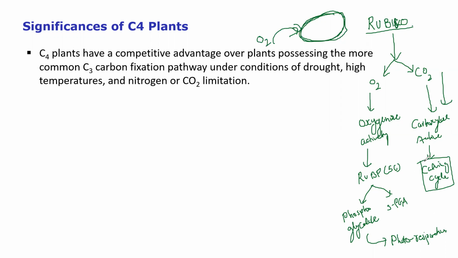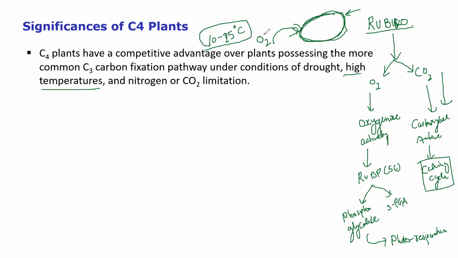The same logic extends to high temperature. Because you see, at high temperature the enzyme gets denatured, but this Kranz anatomy or bundle sheath cell wall actually prevents Rubisco from getting denatured due to high temperature. So that's why you see that the optimal temperature for C3 plants is roughly 10 to 25 degrees Celsius.